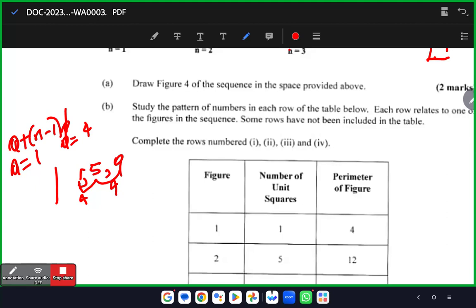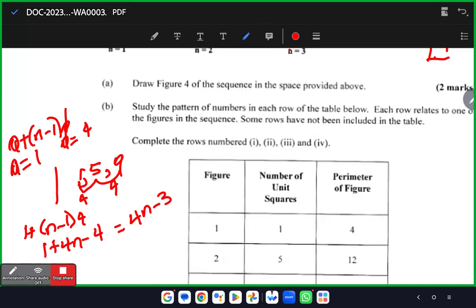So let's go. The first term is 1, so we have 1 plus open bracket n minus 1 times d, which is 4. We expand our brackets: 1 plus 4n minus 4. For the number of squares, we have 4n, and 1 minus 4 gives minus 3, so 4n minus 3.